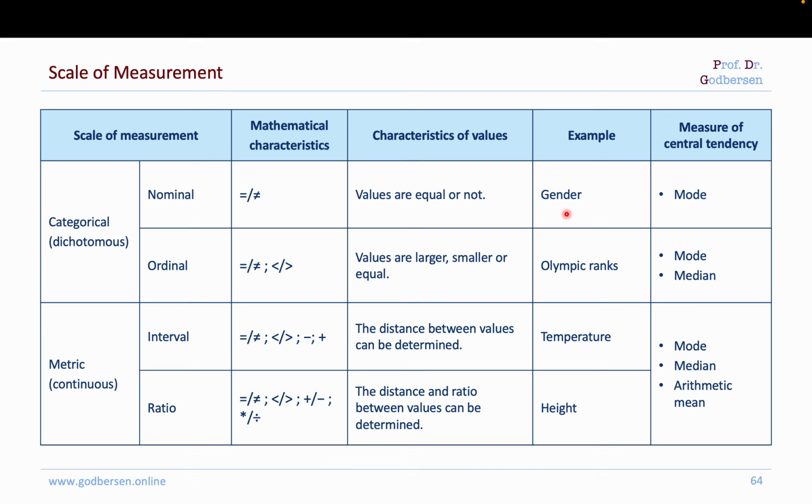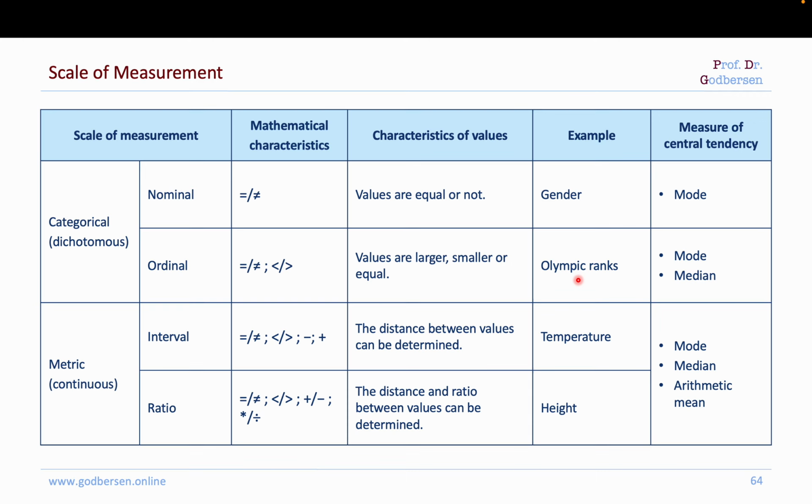To say one is more than the other, or higher or smaller, we need an ordinal scale of measurement. So here we can say values are equal or not equal, and we can say they're larger or smaller. The best example that I can think of is Olympic ranks. We can clearly say the gold medalist is better than the silver medalist, and he in turn was better than the bronze medalist.